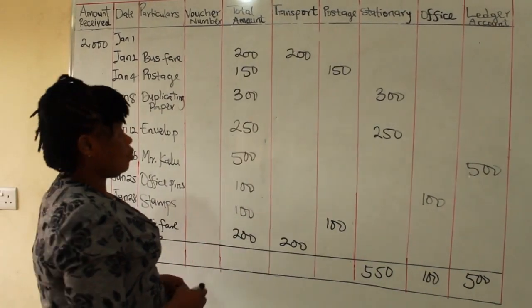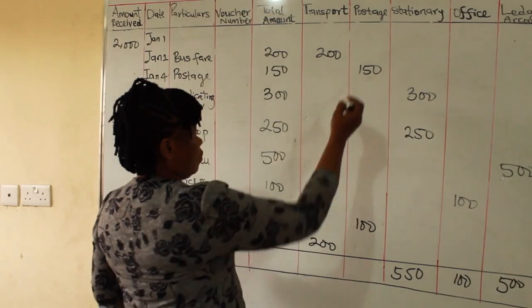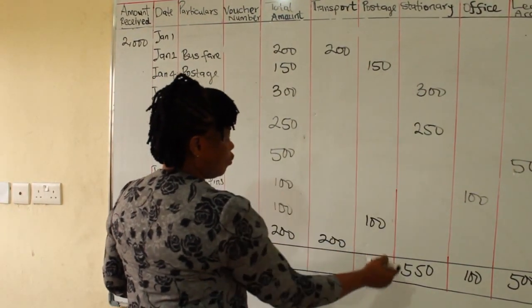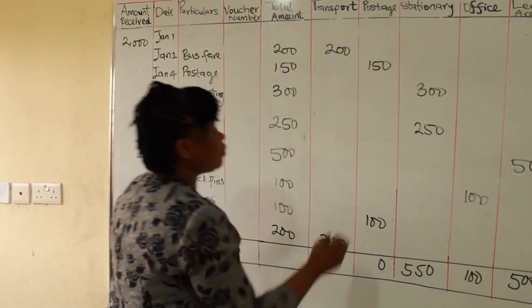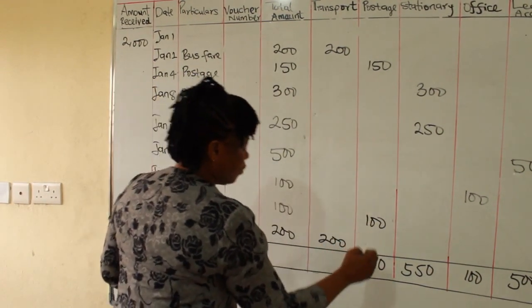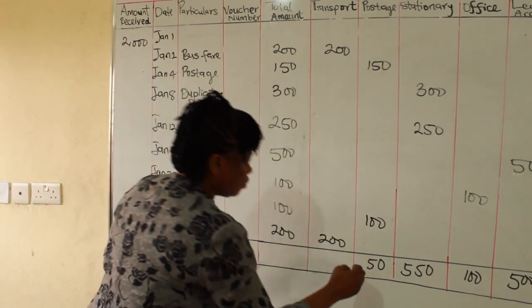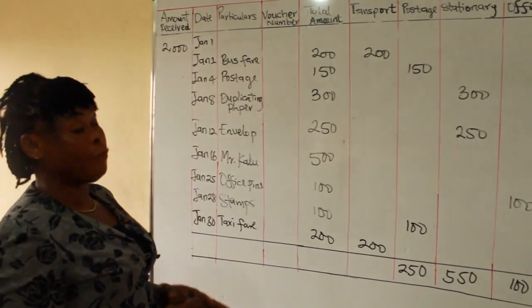We move down to postage column. We have 150 naira and 100 naira. So we add up. 0 plus 0 will give us 0. 5 plus 0 will give us 5. And 1 plus 1 will give us 2, which is 250 naira for postage.